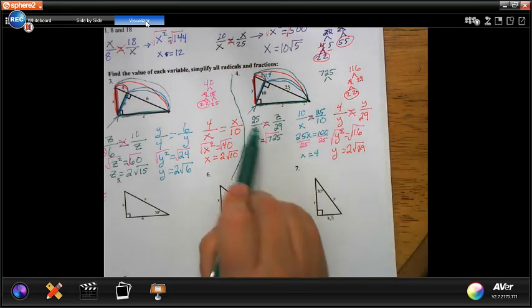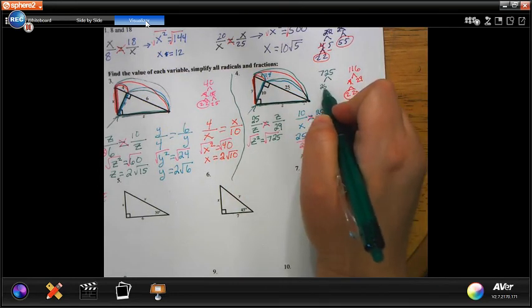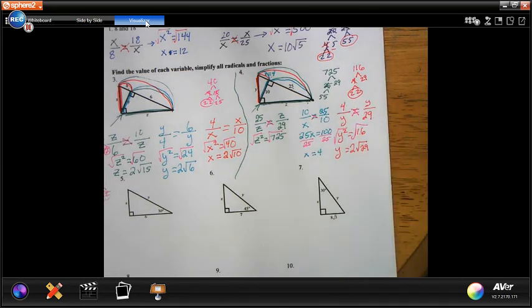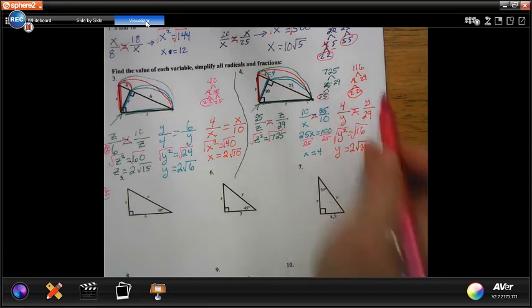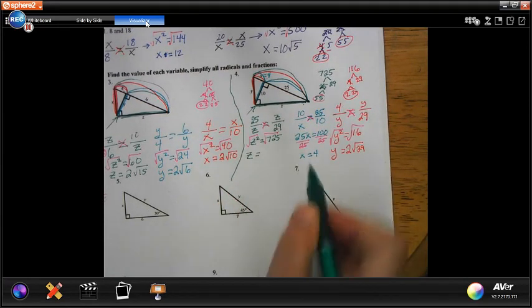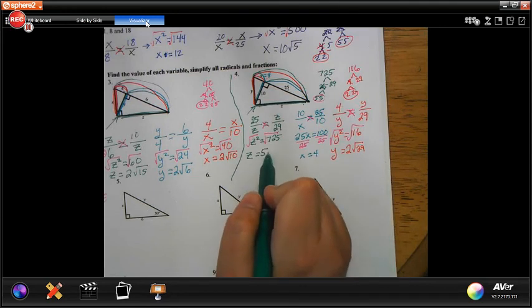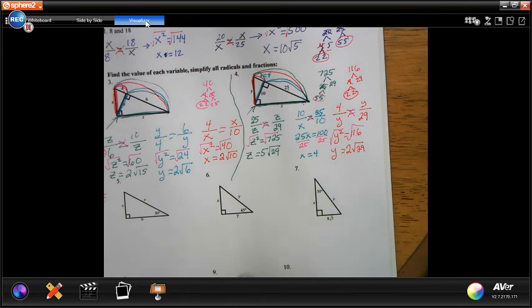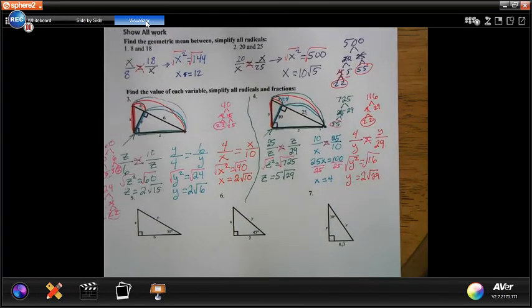I know it's 25 times 29. 25 is 5 and 5. So, a pair of 5s. 29 does not break out. So we get z equals, our pair of 5s break out, 29 does not, 5 radical 29.